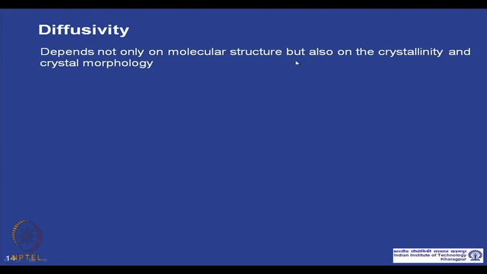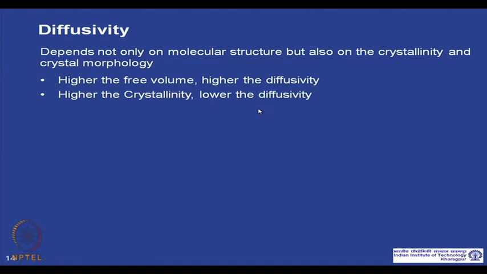In fact, if you increase the density of the polymer matrix, the barrier property goes up. If the free volume is higher, which means there are free regions through which the gas can diffuse, the diffusivity will be higher. As I discussed, the higher the crystallinity, the more impermeable the crystalline regions, hence the lower the diffusivity.